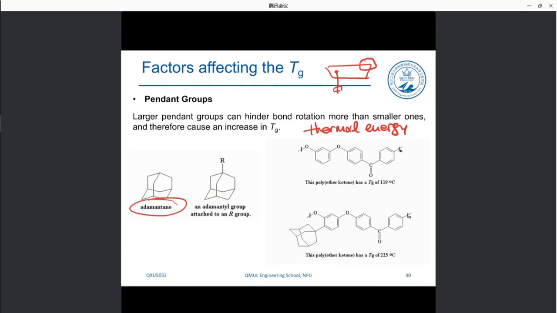And of course, it has to do with the very high mass of this side group, because it makes the main polymer chain move much slower.